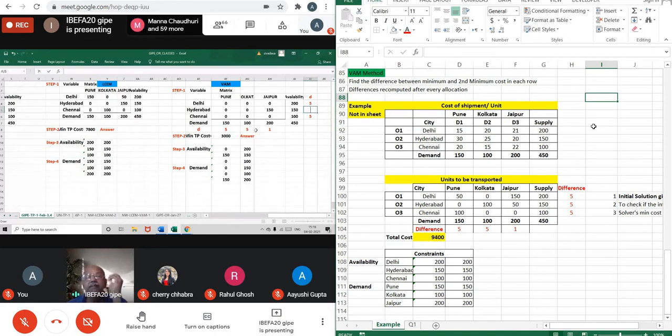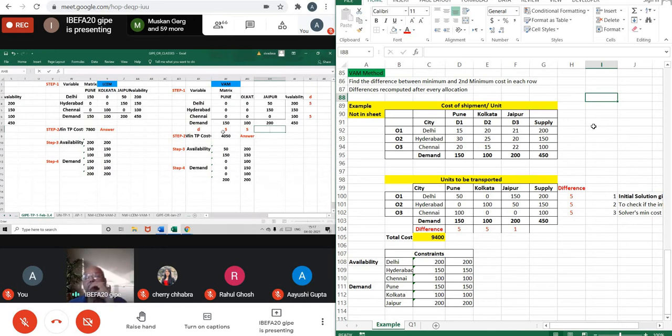Again find the difference. I am getting the same, of which this is minimum, and 20 is the minimum. So 50 I can supply. Now I don't want the difference for Jaipur. These are the new differences.